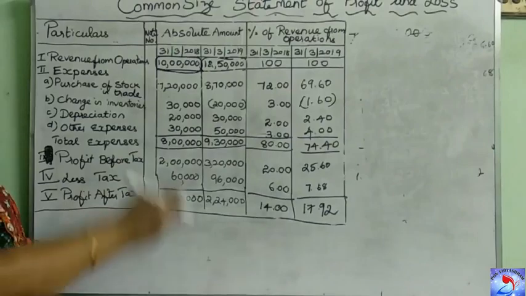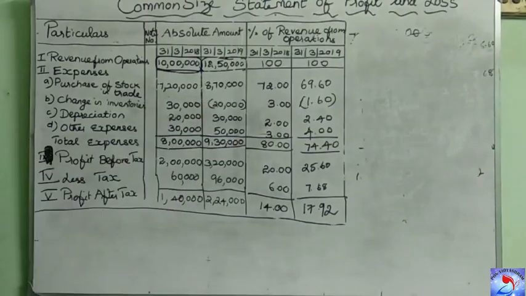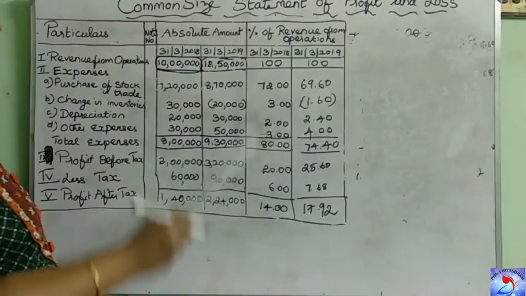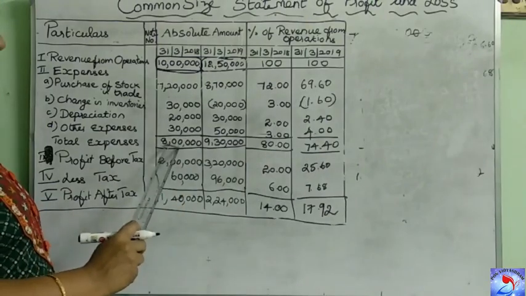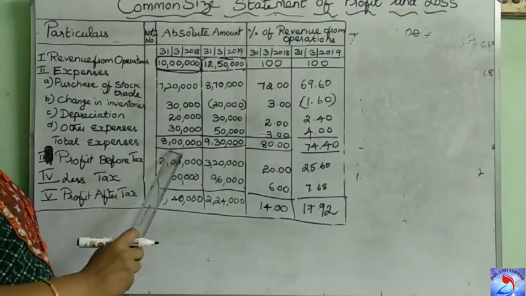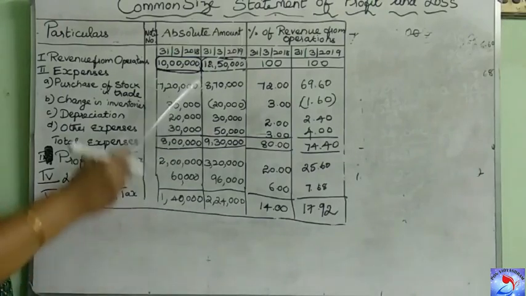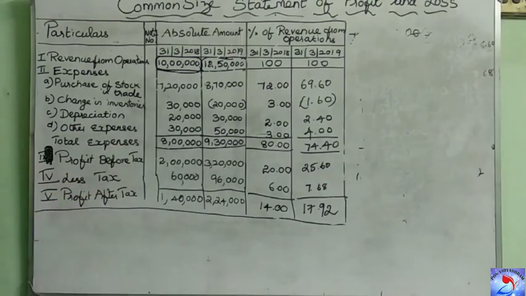You do this for all the 2019 figures as provided. Always remember that when you are doing total expenses and profit after tax also, you should not add and show. Though the amount will be similar, it is always better to calculate with the base amount, that is 8 lakh divided by 10 lakh into 100. Here also, 14 lakh divided by 10 lakh into 100.